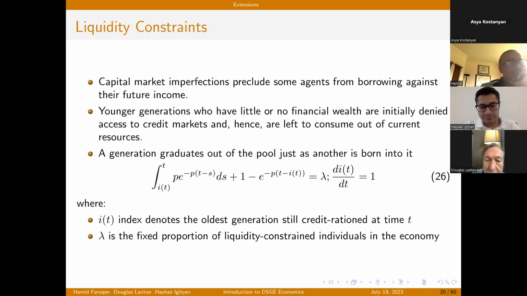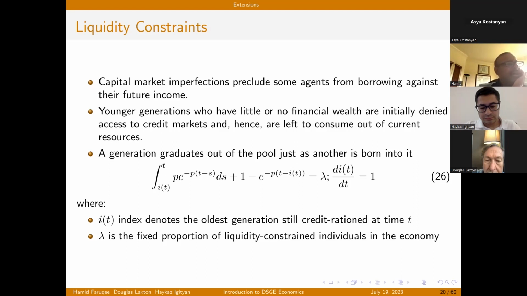Okay, so far we've been talking about the case of capital markets working well, capital mobility at the international level, but also at the domestic level. And one of the things you can do in this model is introduce, let me call it a financial friction. It's a very simplified version of one, but the idea that not all generations in the model could freely borrow, even at the given interest rate. There are a lot of reasons for that.